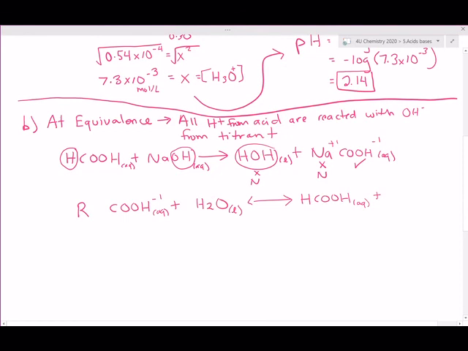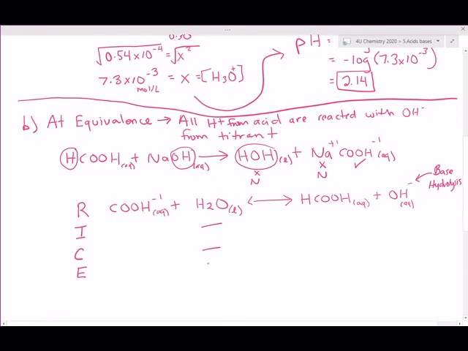And then water is going to lose the hydrogen, so we get OH. And as soon as you see OH, this is what we call a base hydrolysis. So we can have acid hydrolysis or base hydrolysis depending what is reacting with the water. So if we're making OH, it's a base hydrolysis. Okay, so this is now the rice table that we want to do to figure out what the pH is.